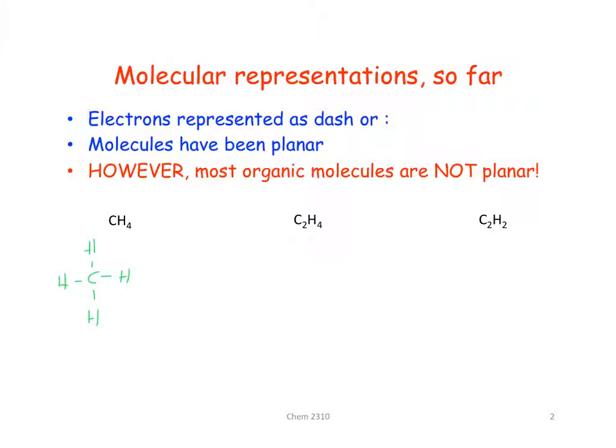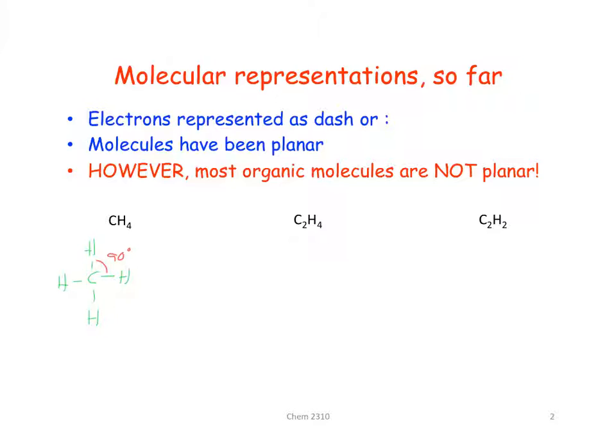We can use a simple concept: each of these pairs of bonding electrons are negatively charged, so those electrons are going to want to get as far apart as possible. And being at 90-degree angles, they're not as far apart as they can get.